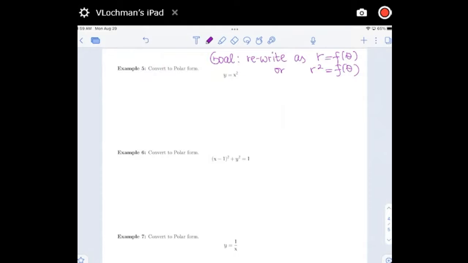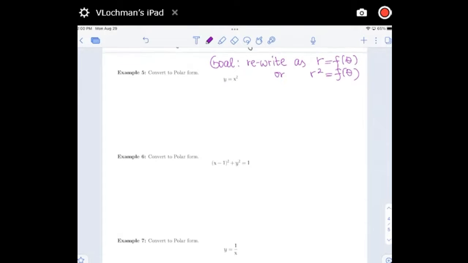In some examples, we end up with having r squared, which is no problem. That's completely fine. So whenever you read a problem, just make that note. What is the main purpose here? If I'm going to polar coordinates, that means x and y need to be gone, and all I will have is an equation in terms of r and theta.